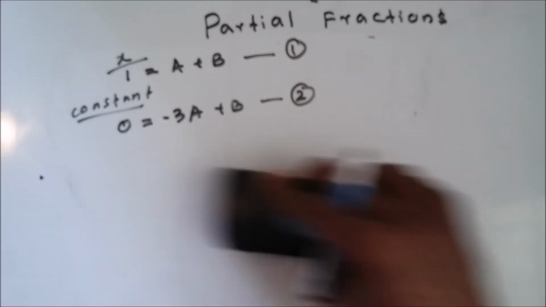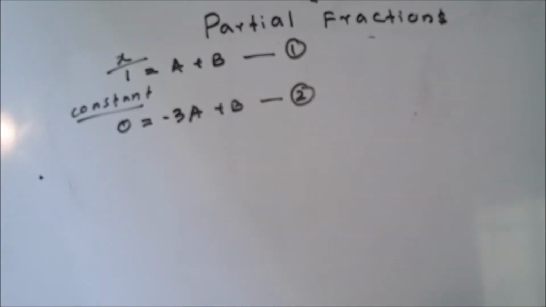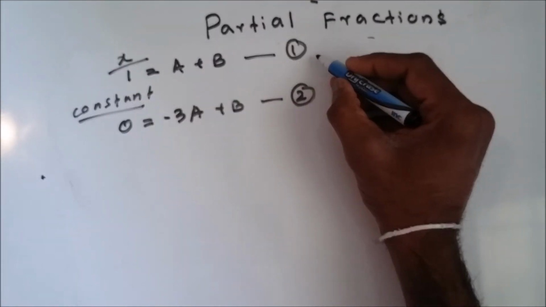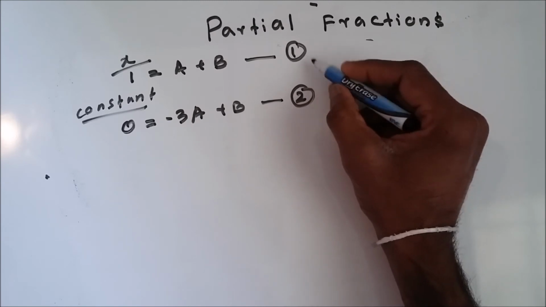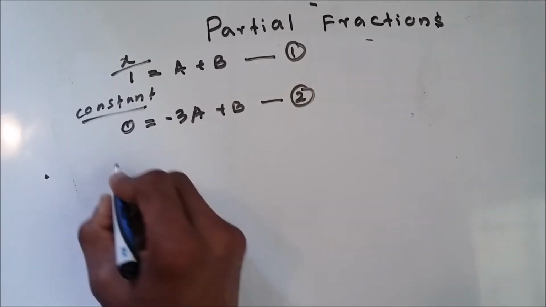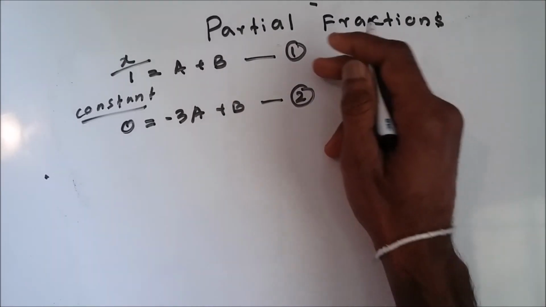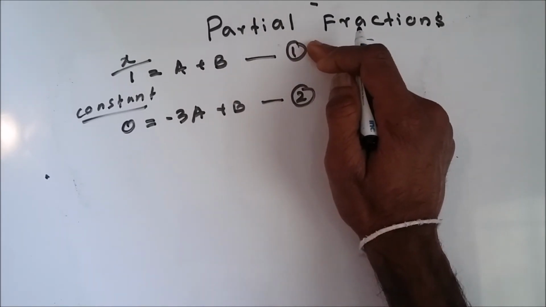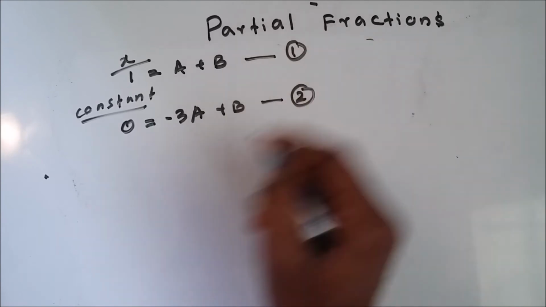We can find A and B using the first equation and the second equation. I am going to subtract the second from the first.